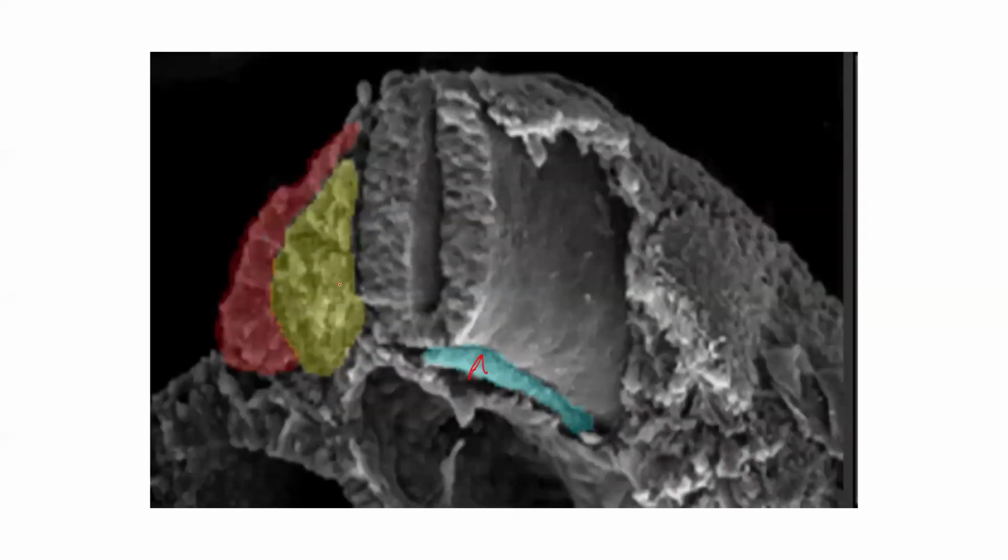What is A here? B and C. Very good. That's the notochord. What is B? Guys, B is not paraxial.